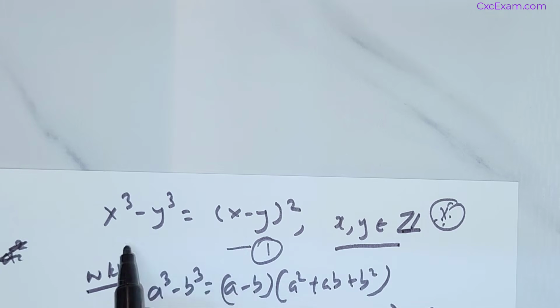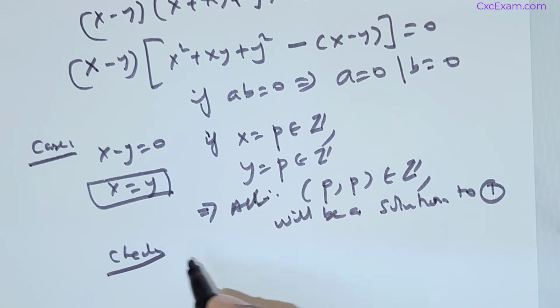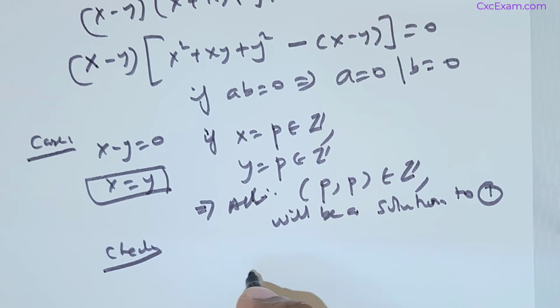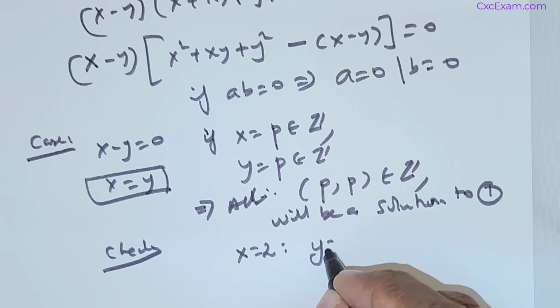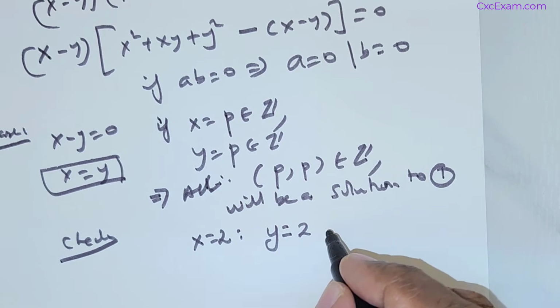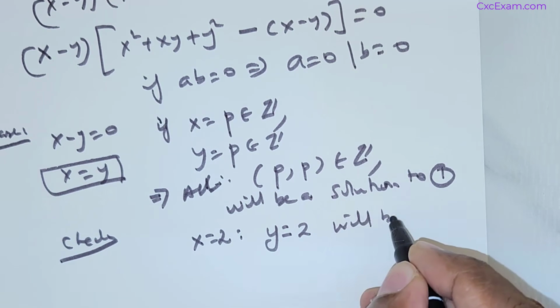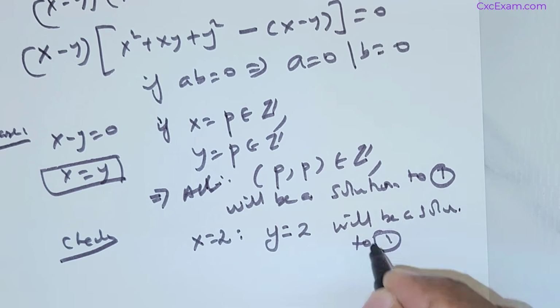So what is the check here? If you are taking, say, some integer, say x is equal to 2, you have to take the same value for y also. So x is equal to 2, y is equal to 2 will be a solution to 1.